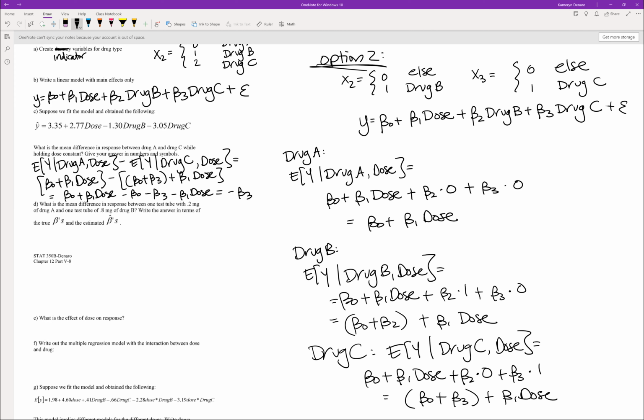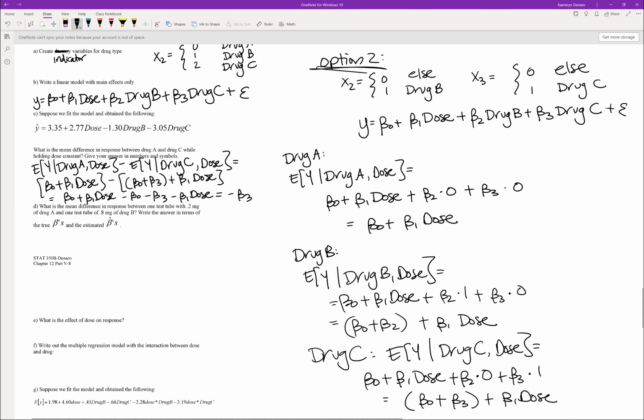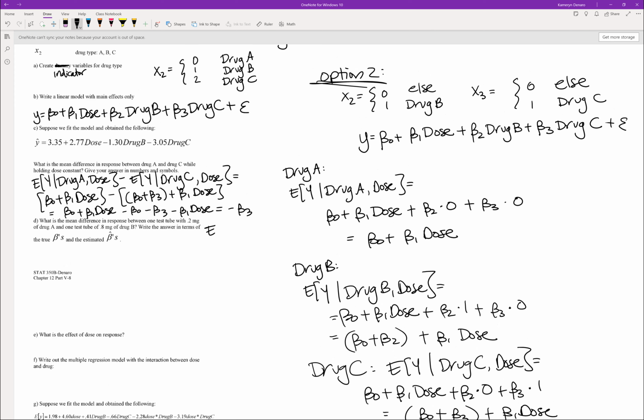All right, if we were using the estimated mean difference, right, using our fitted line, well, what do we get? We get the estimated difference going to be negative beta 3 hat, which equals negative negative 3.05, which equals 3.05, right?